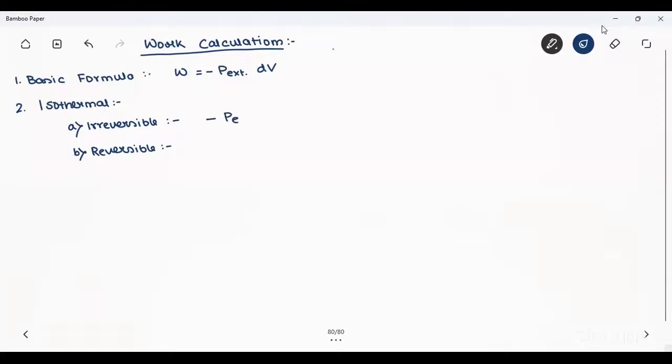Minus P external nRT (1 by P2 minus 1 by P1). Okay, what was the formula for reversible?